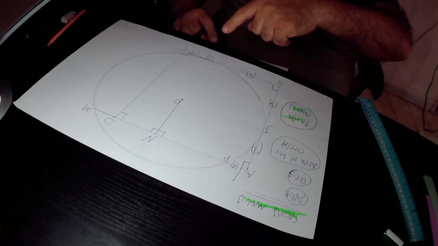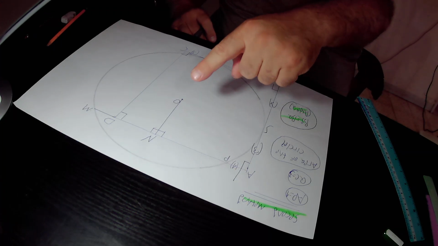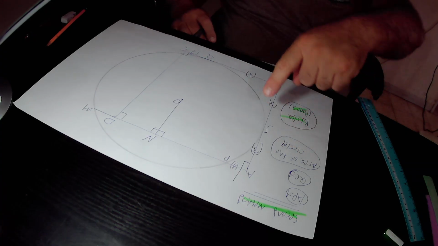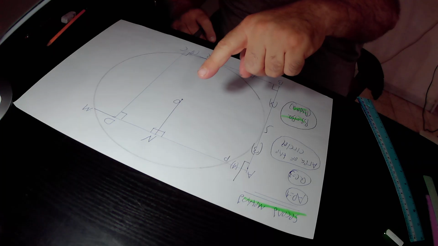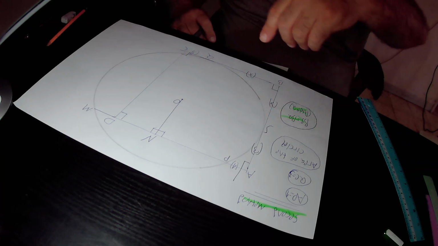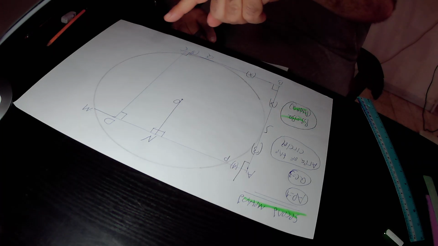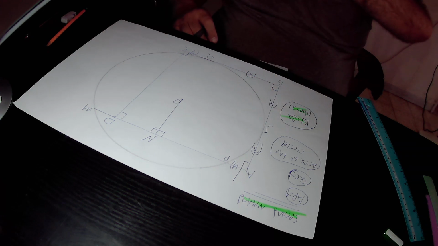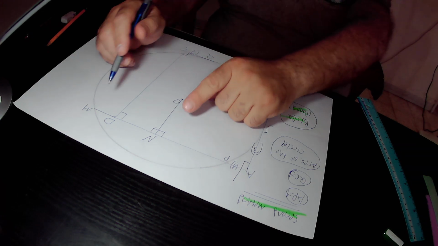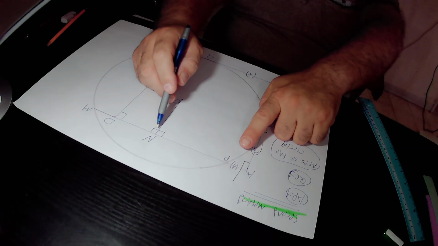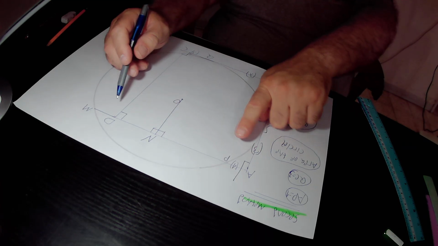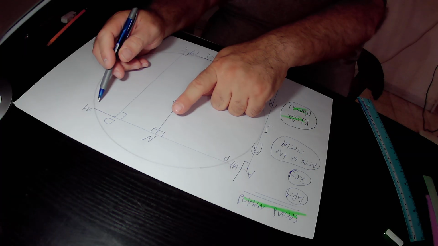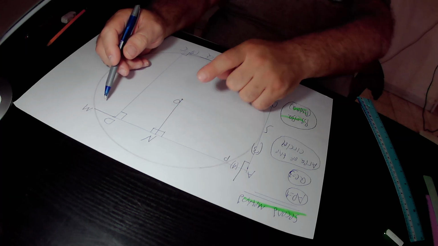According to rule 11, the perpendicular ON bisects chord MP. That is to say, ON divides chord MP into two halves. Each half equals MP over 2. So the first half is PN, that equals MP over 2, and the second half is NM, that is also equals MP over 2.